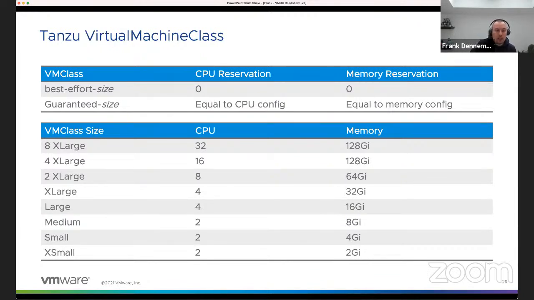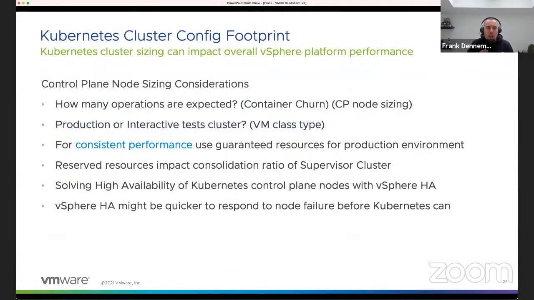So it also gets 4 vCPUs of reservation and 16 gigs of reservation. With that in mind, we have to think about, hey, maybe I don't want everyone to actually deploy guaranteed classes, and maybe sometimes best effort classes are better. So you have to think about your cluster configuration footprint.